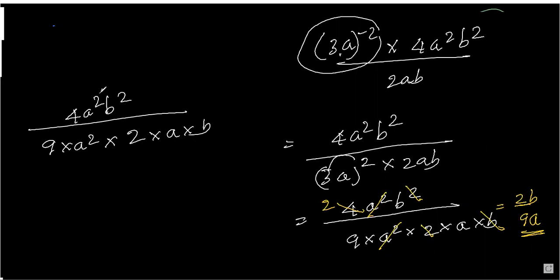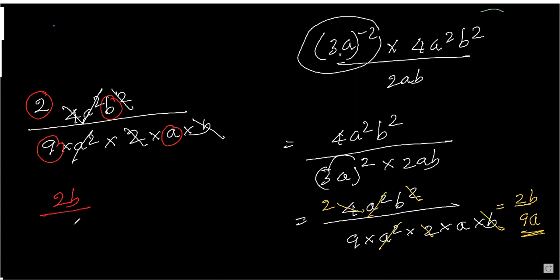Now look at over the line a squared, below the line a squared. Over the line 4 is mean how many 2's? 2. Below the line 1, 2. Now look at over the line how many b's? 2b into b, 2. I just remove this and this. Then remaining b here. Now look at remain 2, remain b, remain a, 9, remain a, 2b over 9.